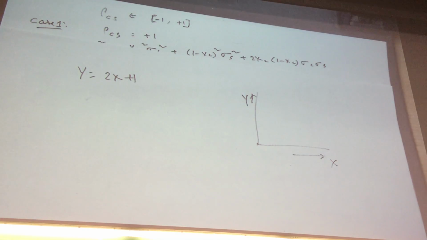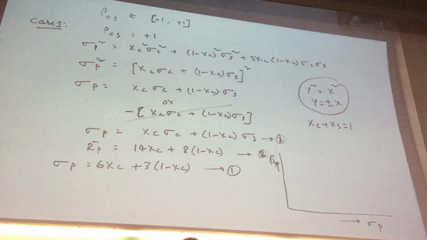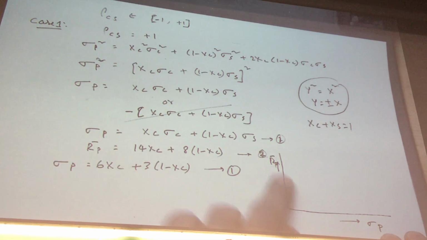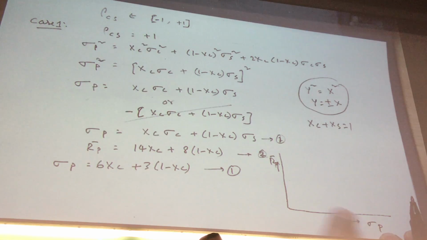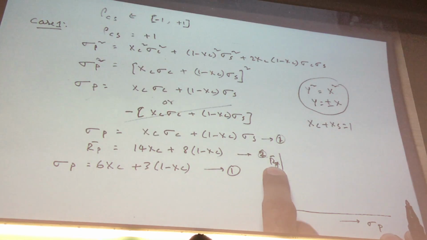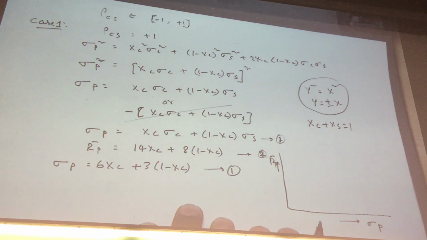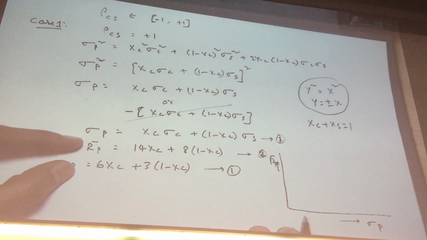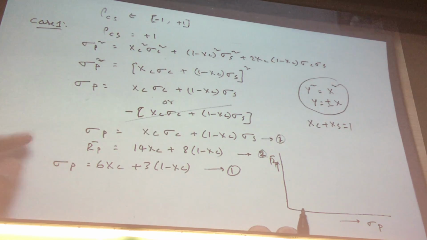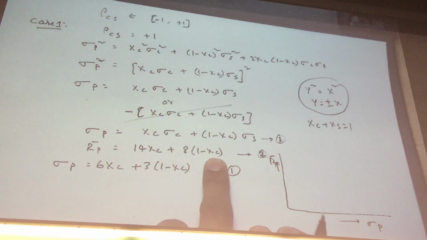But come back to the situation that we have. Our aim is plotting the graph on sigma p and the expected returns: the standard deviation of the portfolio and the expected returns of the portfolio. But in that process, we have two equations. In between, this guy is annoying, xc.